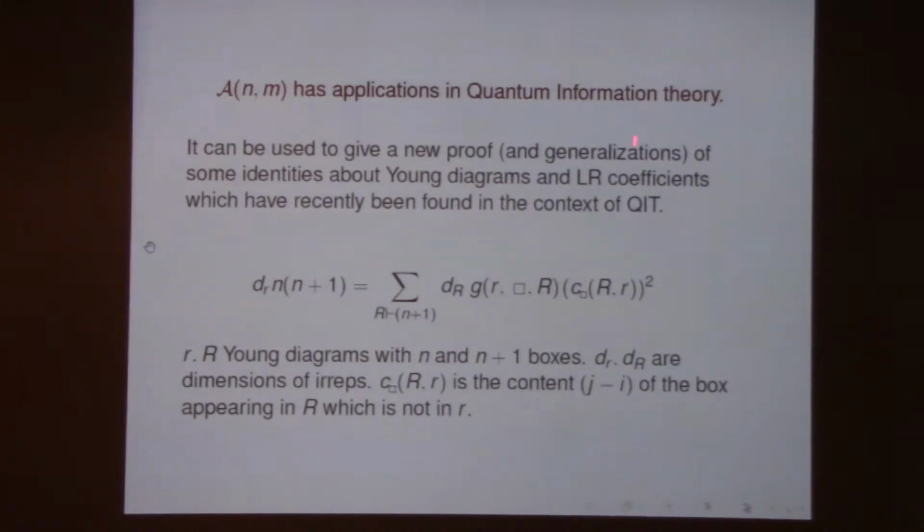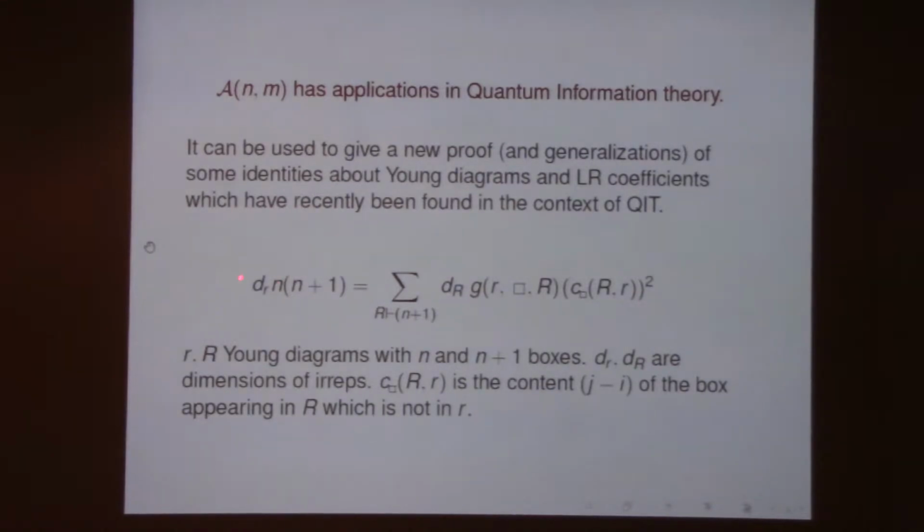Its structure is also related to Littlewood-Richardson coefficients: this algebra is a direct sum of matrix blocks, and the size of these blocks is the Littlewood-Richardson coefficient. So if you see an identity like this, here's an identity which comes up in quantum information theory. R is a Young diagram with little n boxes.